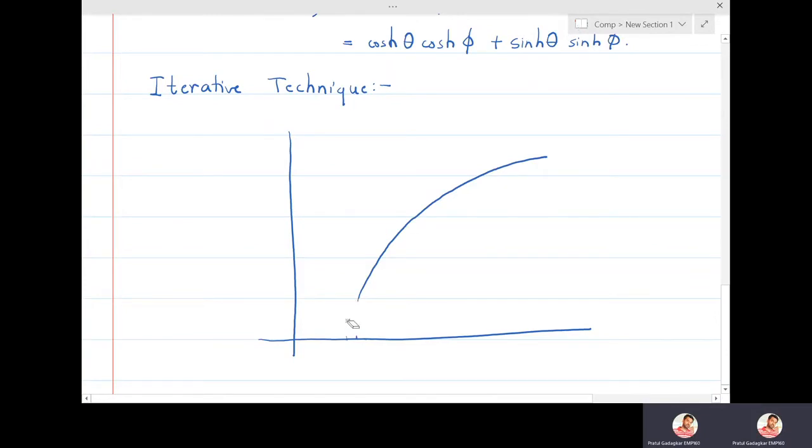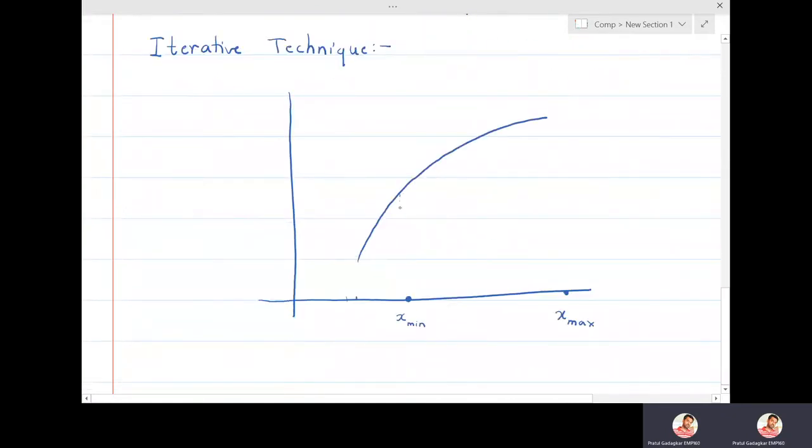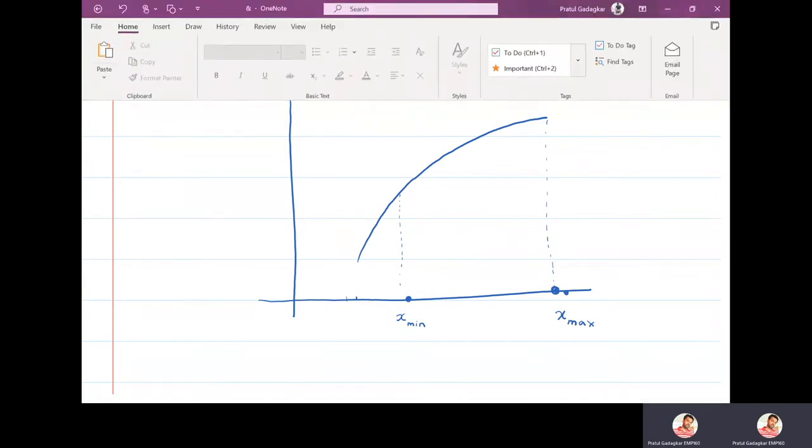I will take the hyperbolic arc from some value of x; let me say this value is x min and this value is x max. So we are going to concentrate only on this part of the arc of the hyperbola.